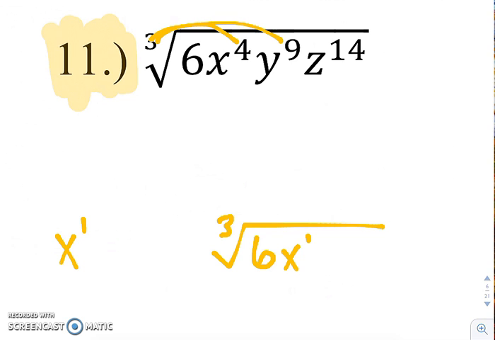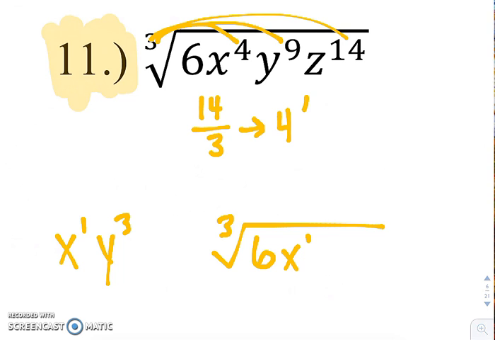And then 3 into 9, or 9 divided by 3. That's a perfect value also, divides evenly. And then 3 into 14. 3 goes into 14 4 times.